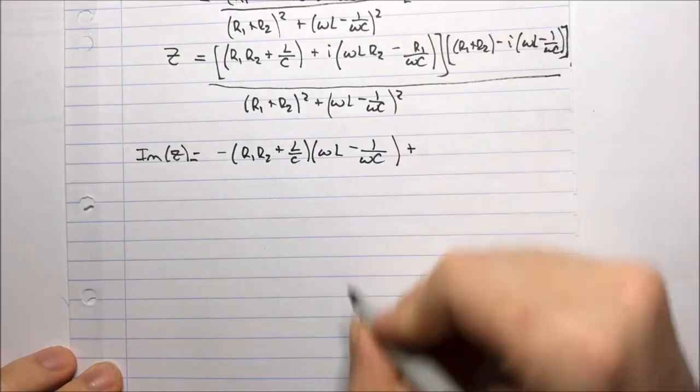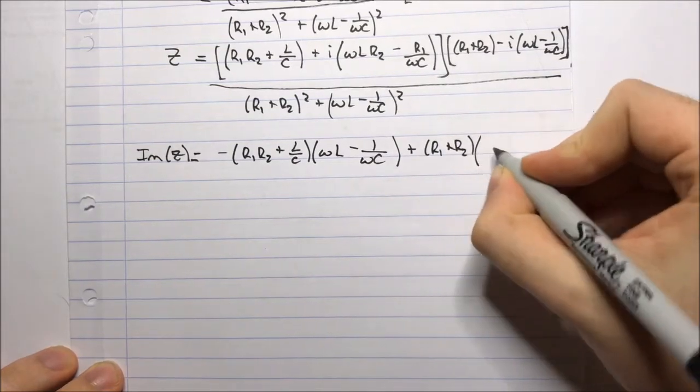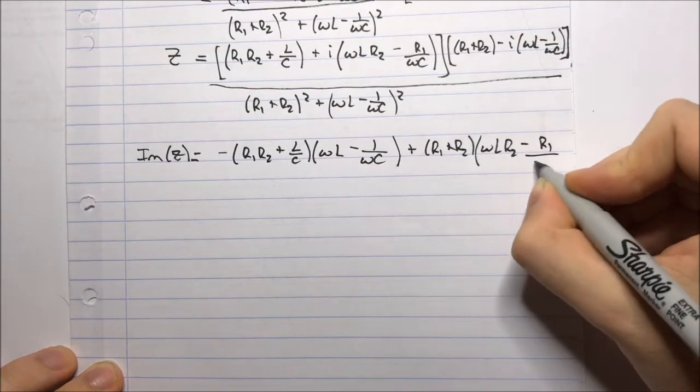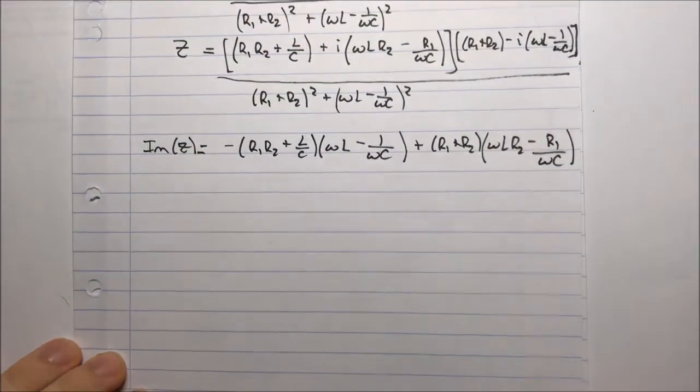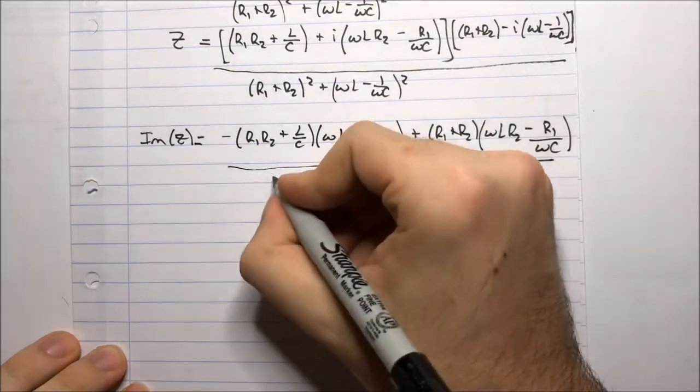So that'll be plus R1 plus R2 multiplied by omega L R2 minus R1 on omega C. And then I'm going to divide all of that by the denominator.